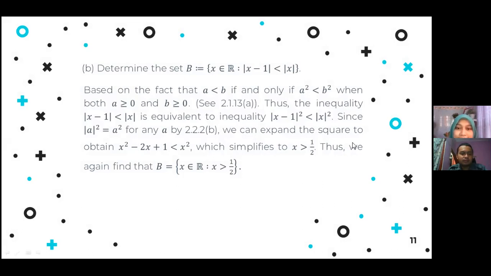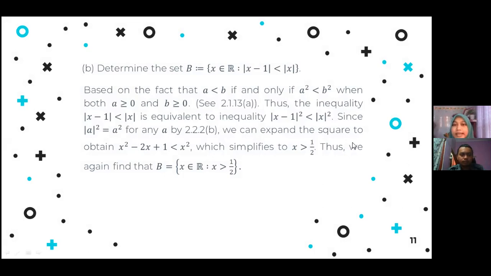Okay, for the next example, determine the set B, defined as the set of x elements of the real numbers for which the absolute value of x minus 1 is less than the absolute value of x. This is based on the fact that A less than B if and only if A squared is less than B squared when both A is greater than or equal to 0 and B is greater than or equal to 0.